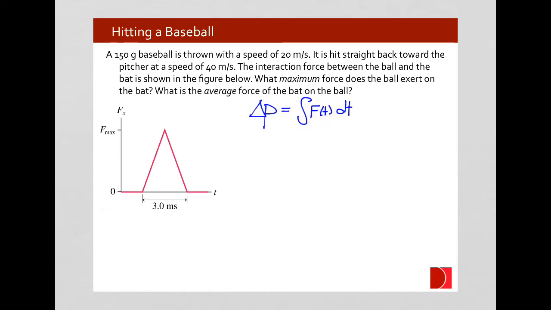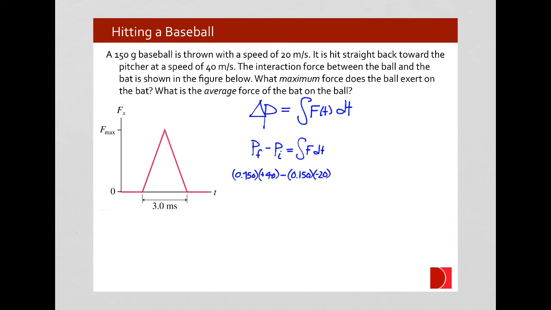The change in momentum will be the final momentum minus the initial momentum, and that will equal the integral of the force. The final momentum is the 150 grams, written in terms of kilograms to be in the right units, times a positive 40 meters per second, minus the initial momentum times a negative 20 meters per second.